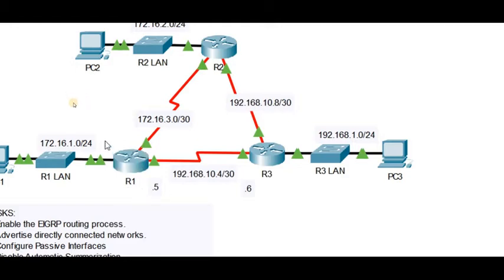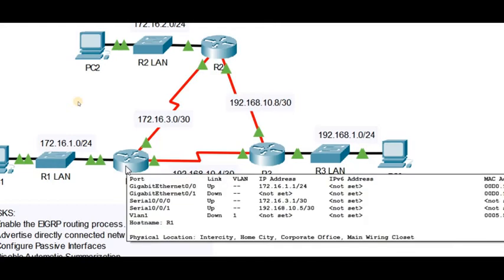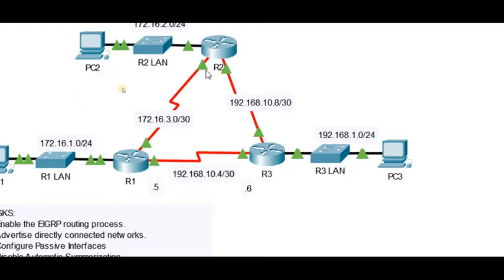So how can R1 learn how to reach those networks? That is the purpose of the EIGRP that we configured a while ago. They are now exchanging routing information, and each of the entries declared on the routers inside the EIGRP are now being advertised on all 3 routers.